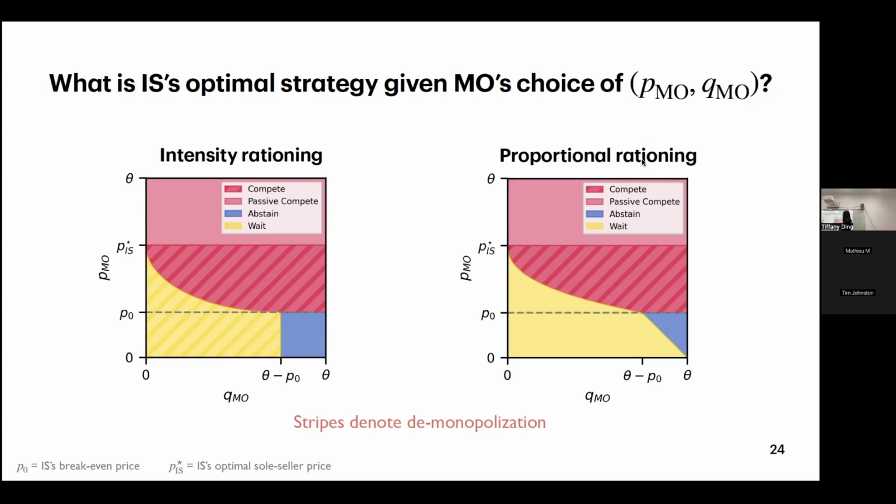So in these two genuine compete regions, they are demonopolized, but interestingly for intensity rationing, even when the independent seller is waiting, they are also demonopolized, and that's because under the intensity rationing assumption, you're assuming that all of the customers with the highest willingness to pay are buying from the lower price seller. So once those customers are removed, it's optimal for the independent seller to set a lower price.